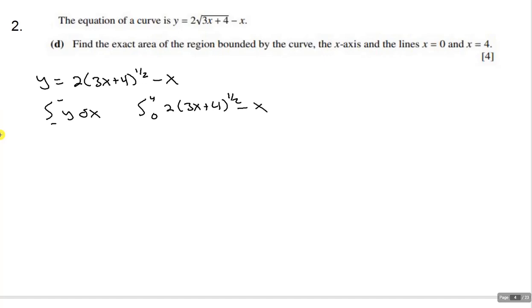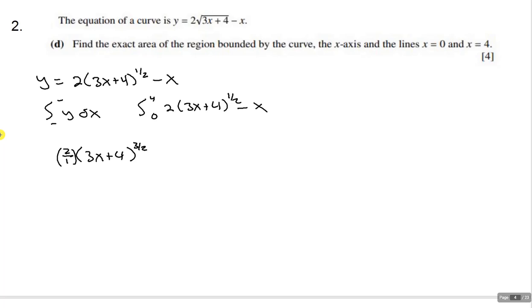Okay, so to do this, remember, I'm going to add to the exponent and then divide. So I'm going to start by writing my base here, 3x plus 4. Now, I'm going to raise it to the 3/2 power, because that's 1/2 plus 1. This has already got a 2, and I'm going to make it 2 over 1, and you're going to see why in a second.